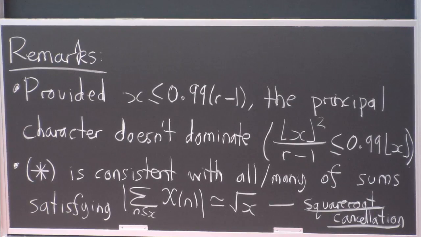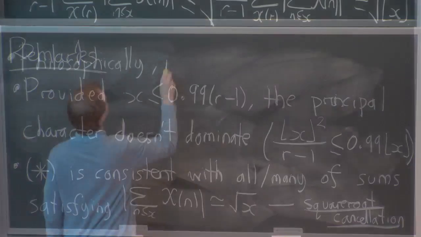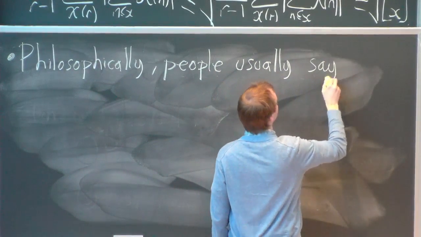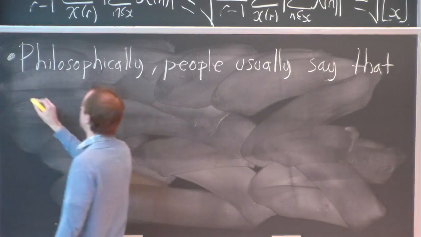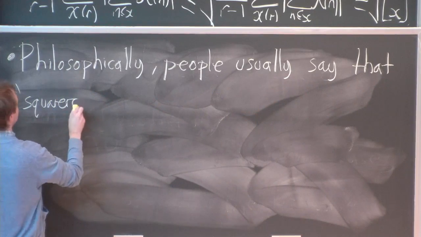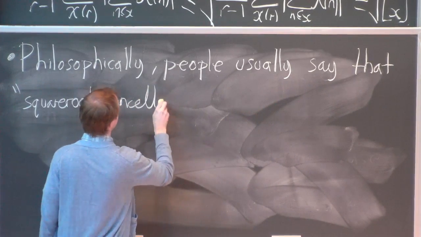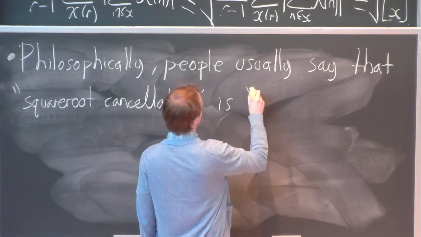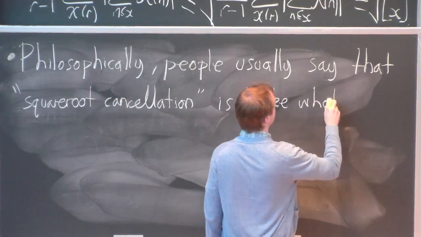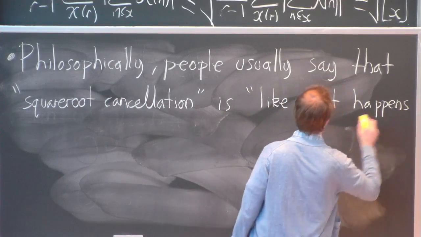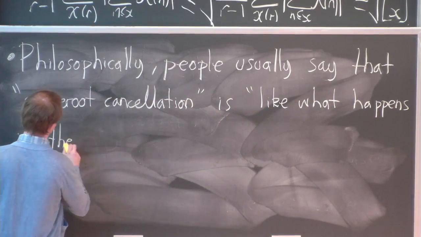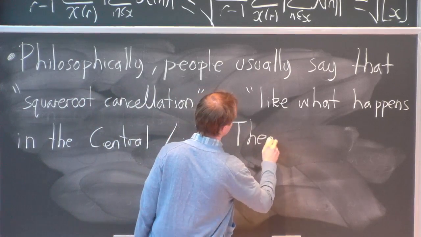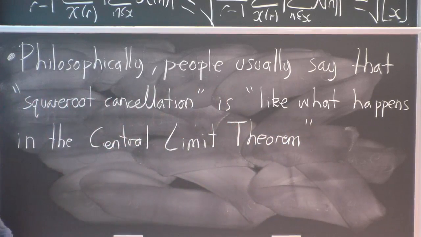So philosophically, when people talk about square root cancellation, what they often say is that square root cancellation is like what happens in the central limit theorem.